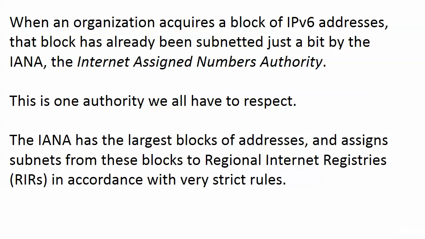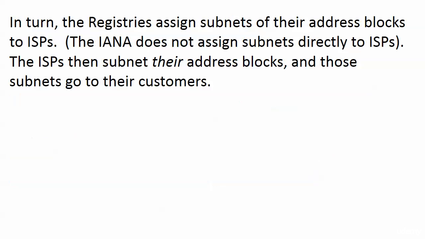Because first off, the block would have been subnetted by the IANA. They have the largest blocks of addresses, and they don't just hand them to you and me, at Fred's Bank or something like that. What happens is the IANA has the largest blocks of addresses, the whole pie, if you will, and they assign subnets from those blocks to regional internet registries, RIRs, in accordance with very strict rules.